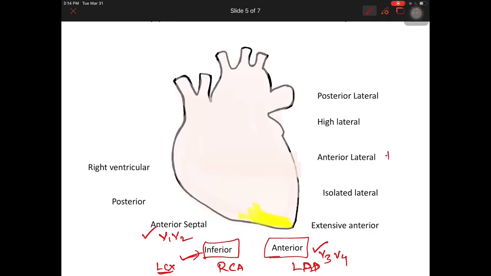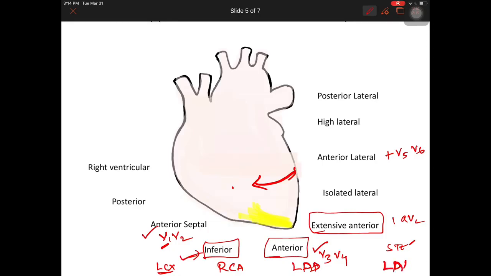Anterior lateral will also involve V5 and V6. And if it also has lead 1 and AVL ST segment elevation, it is called extensive anterior, which involves V1, V2, V3, V4, and the entire region of the left ventricle has undergone infarction. This is most probably due to a proximal left anterior descending artery lesion.